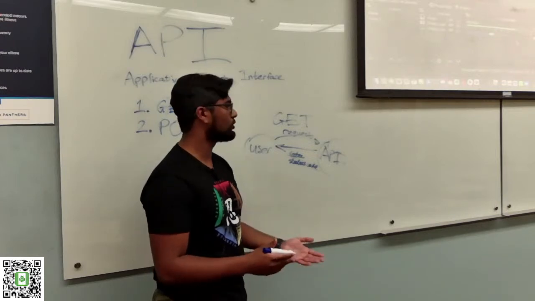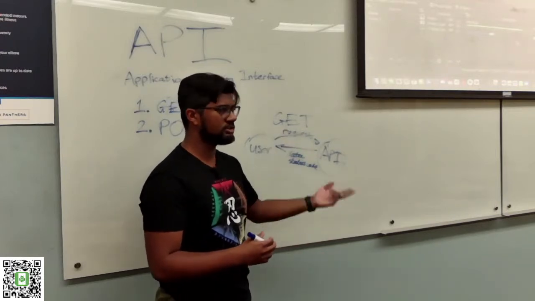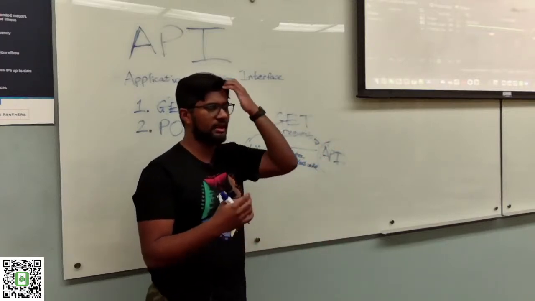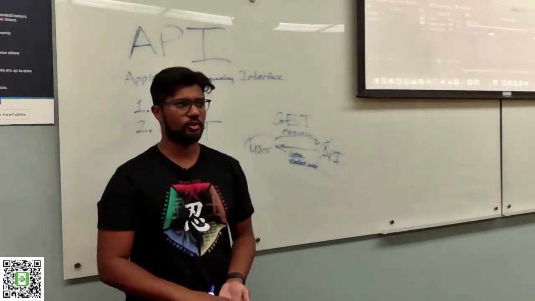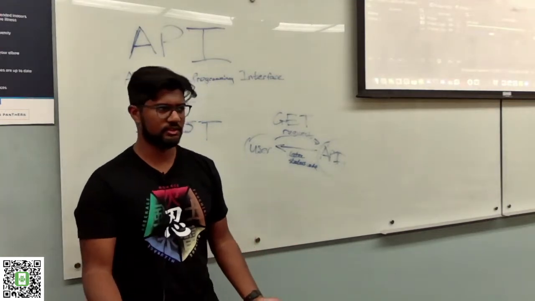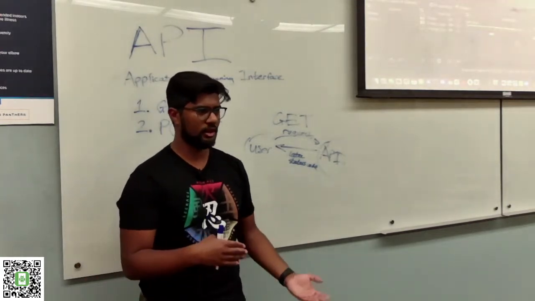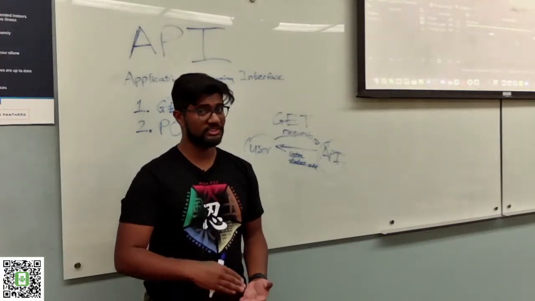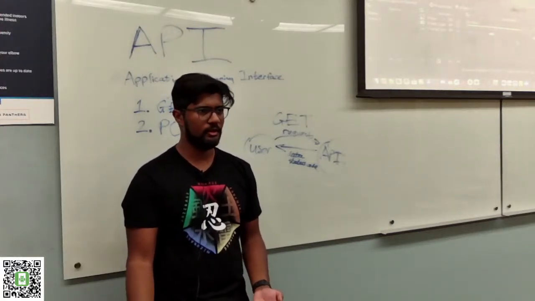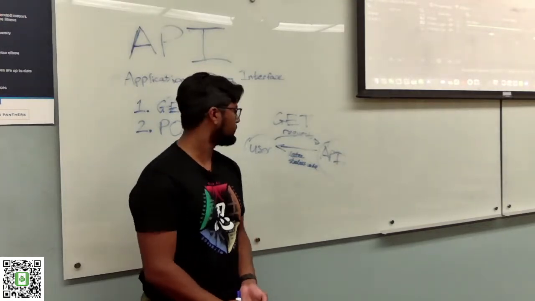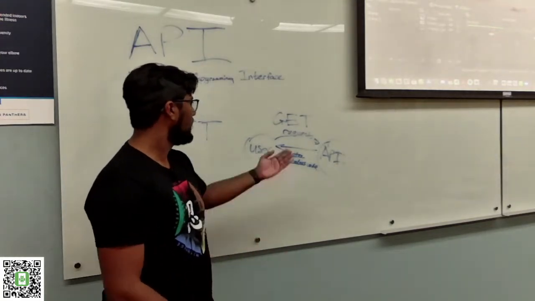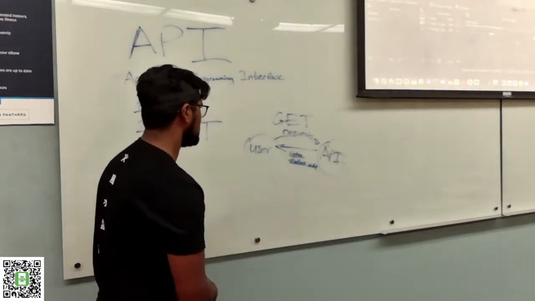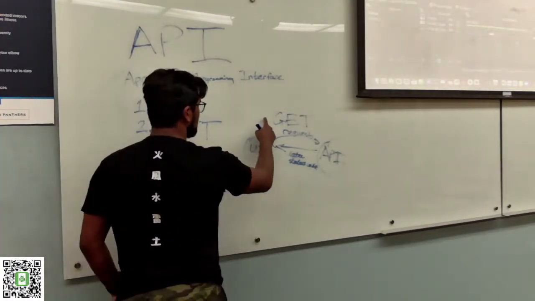Some APIs require you to sign up on their website to get a key, and sometimes you don't even have to pay, it's free. A common one is Twitter, which requires you to sign up for their API, and it's free. I've used it before. You need to get that key so you can get access. So that's a GET request.